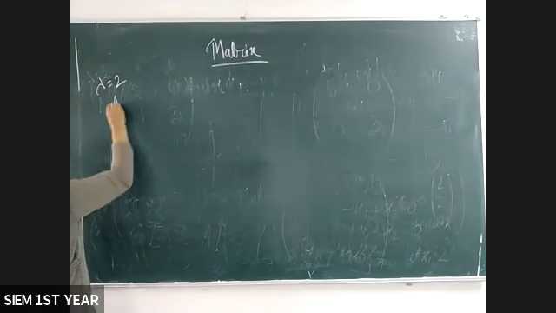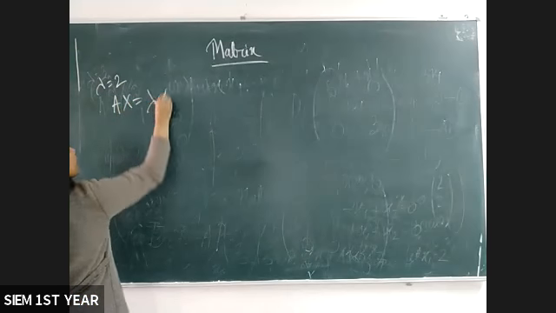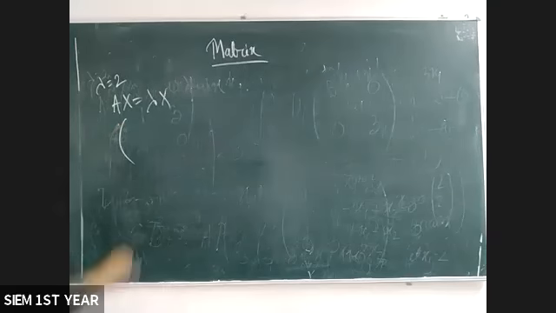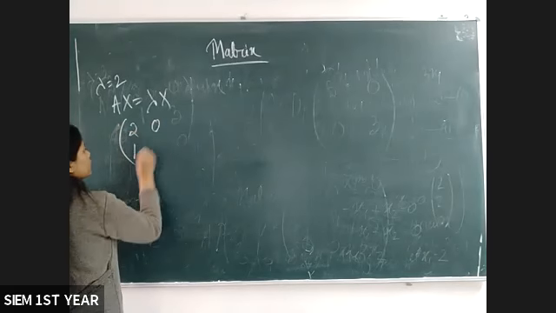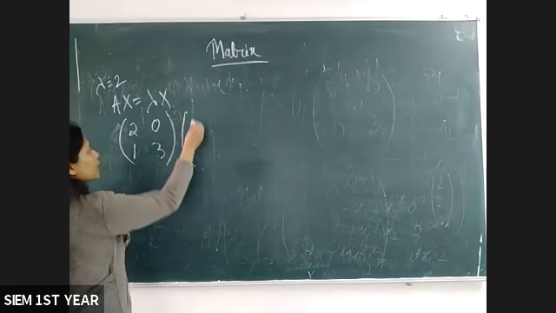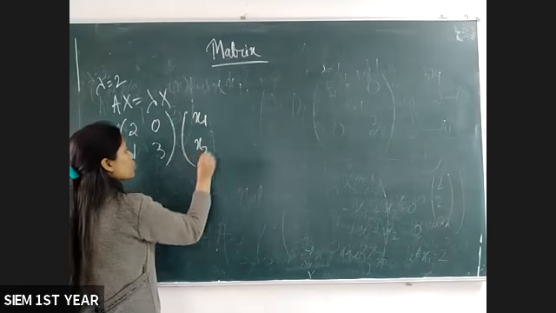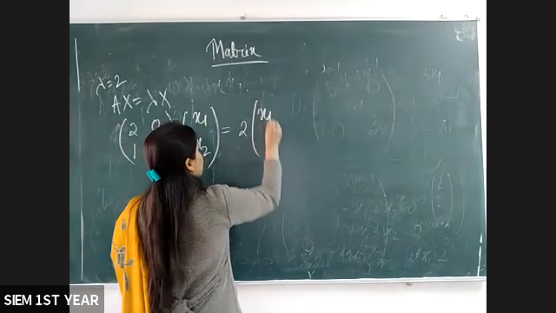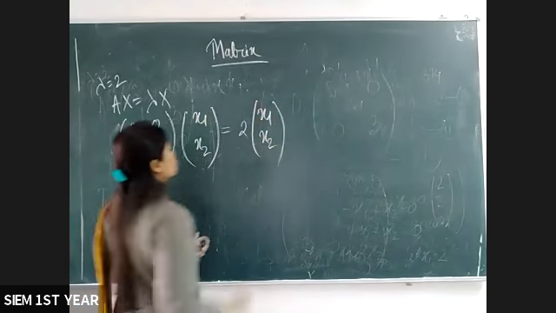For lambda equal to 2, Ax equals lambda x. So A is 2013, into x, which is x1, x2, equal to 2 into x1, x2.